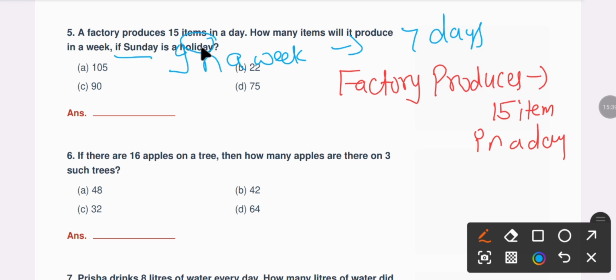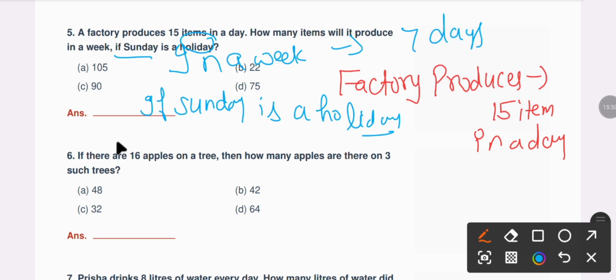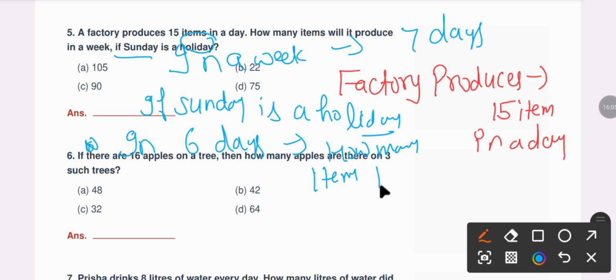If Sunday is a holiday, already mentioned, then 6 days. We have 6 days. So in 6 days, how many items does a factory produce?